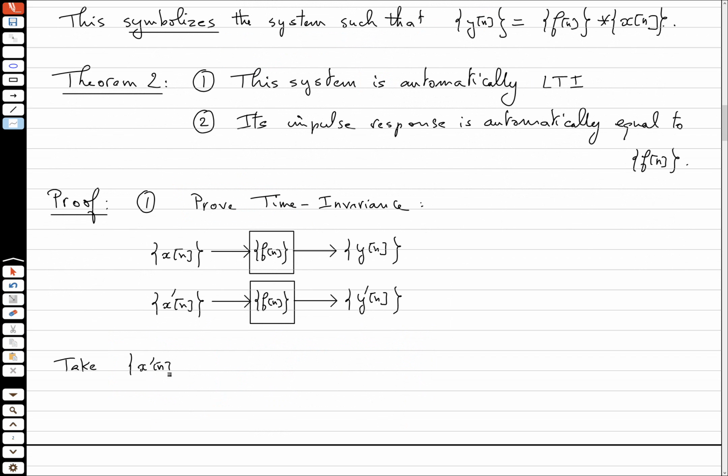So we want to take x prime as the shifted version of x. And then you want to see what is y prime, okay? Compared to y. Then what is y prime? Now we are going to use the definition of the system.